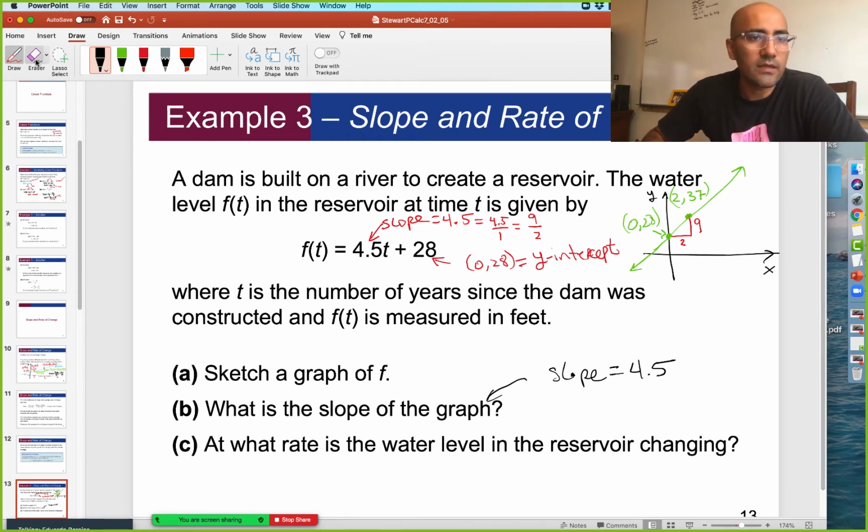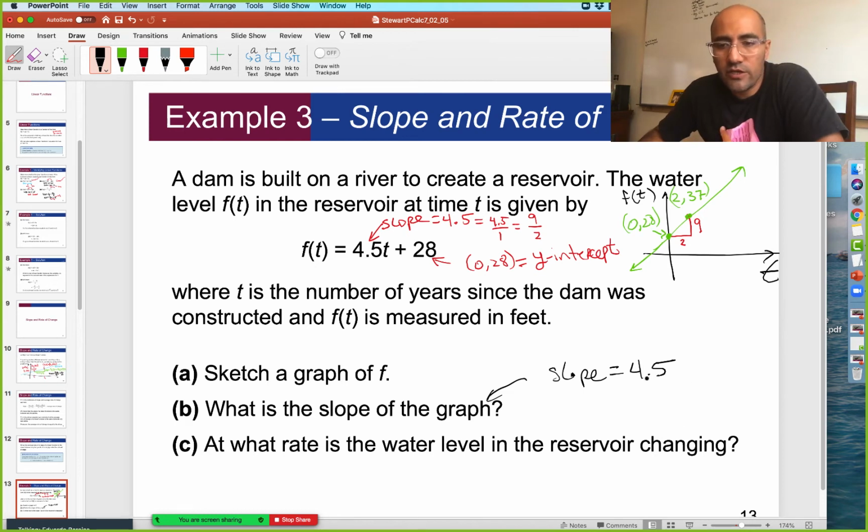So this isn't the x-axis, it's the t-axis. This is t, and this is f of t. Slope is 4.5. The rate. What is the rate? At what rate is the water level in the reservoir changing?